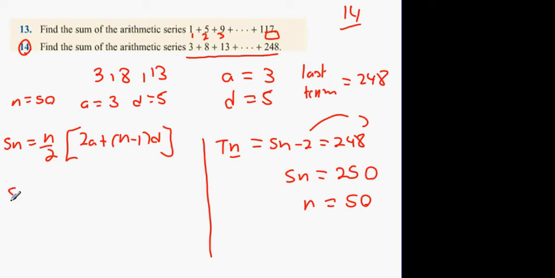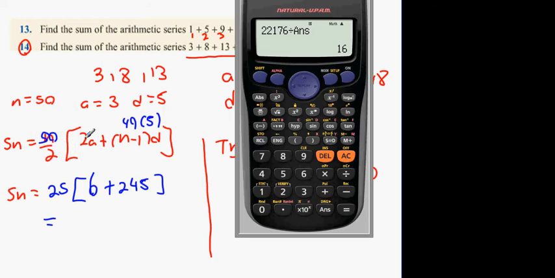So Sn equals 50 over 2, which is 25, times 2a, which is 6, plus n minus 1, which is 49, multiplied by 5 is 245. Then we multiply that out, so we get 25 multiplied by 251.